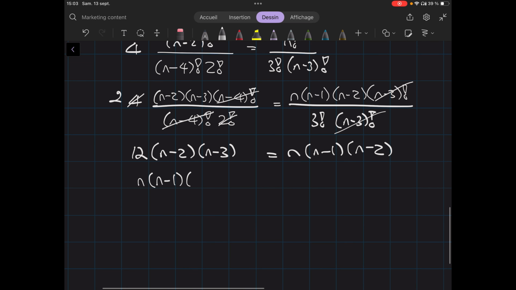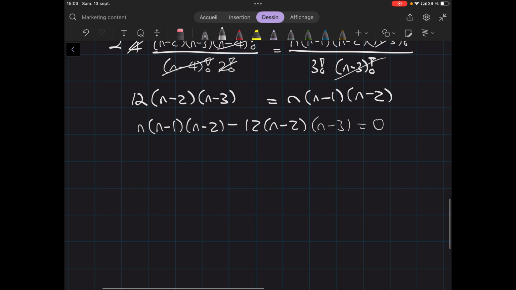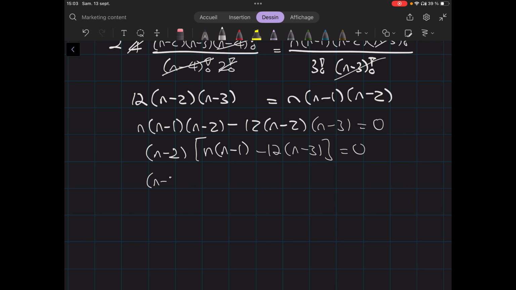Isolate one side. Take the n minus 2 out. We're left with n times n minus 1 minus 12 times n minus 3, which gives n squared minus 13n plus 36.